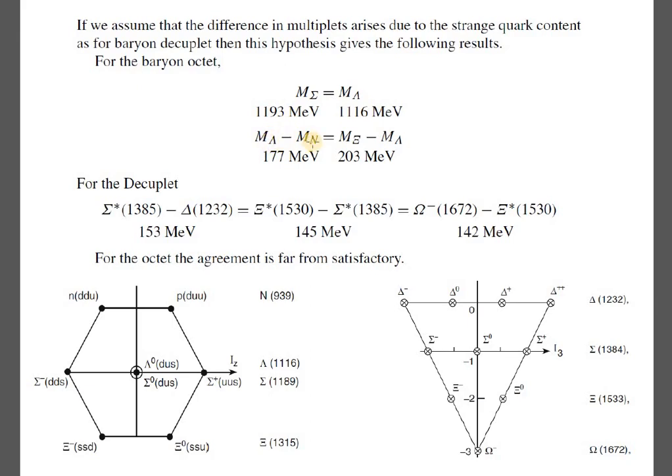Now what about this? The mass of delta minus the mass of nucleon here. This difference compared to this difference, and what is this? This is the average of the three sums right here.